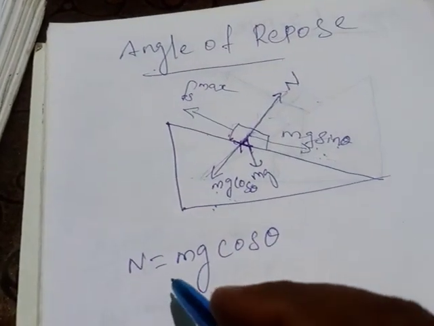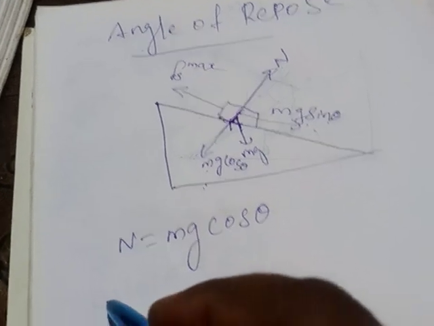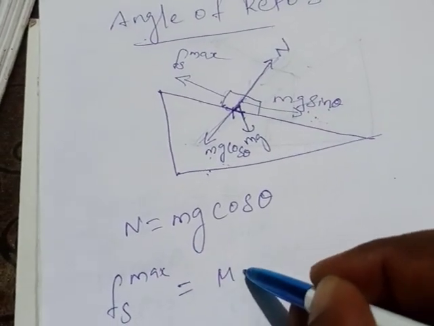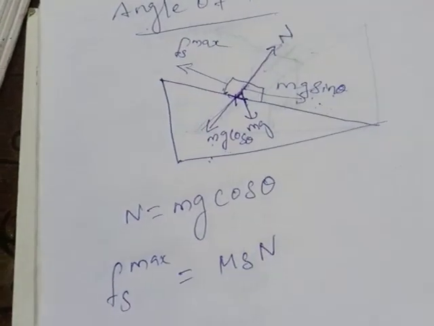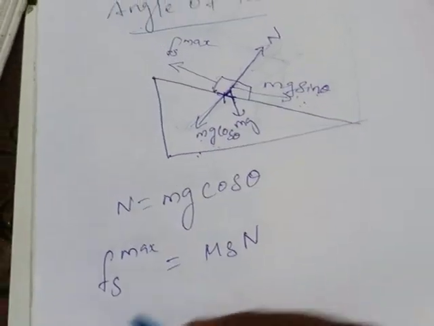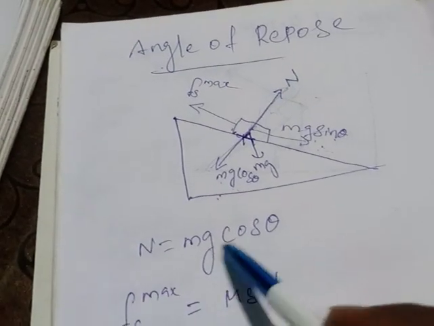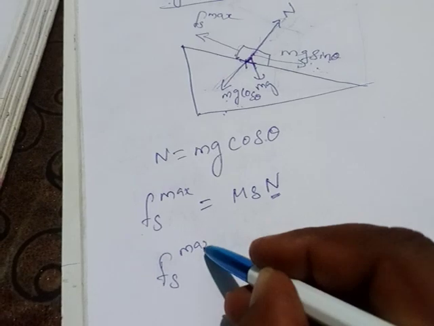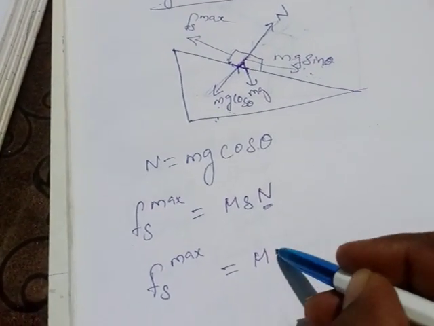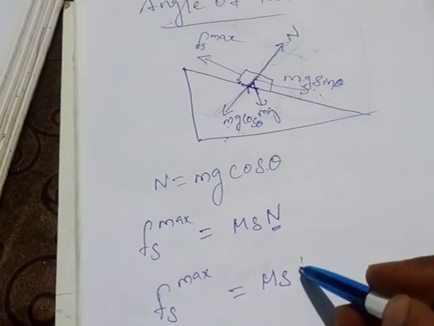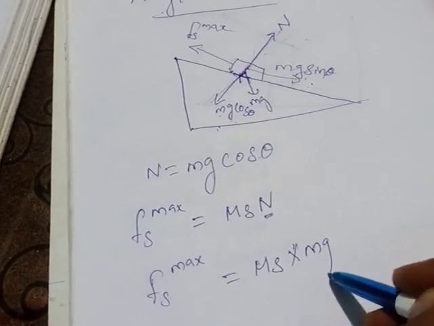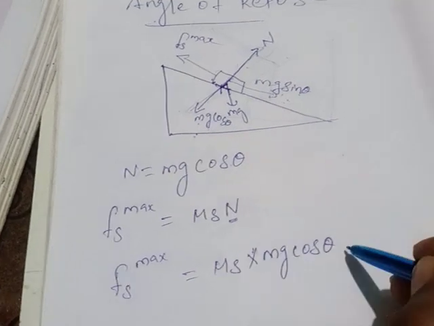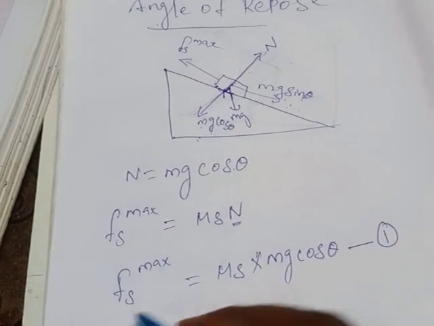We know the maximum static frictional force formula: Fs maximum is equal to mu s N. Substituting the N value mg cos theta here, we get Fs maximum is equal to mu s mg cos theta. Keep this as equation 1.